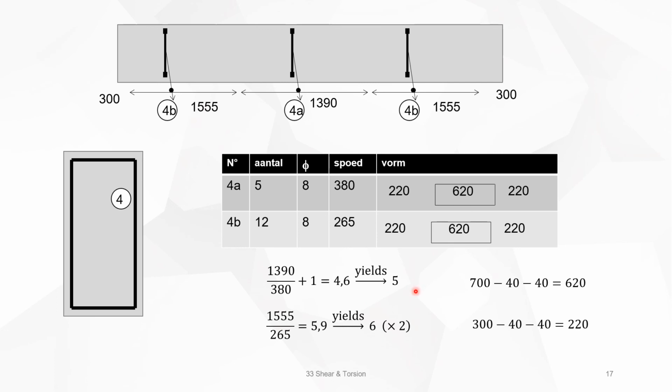And for the dimensions, it's the total depth minus twice the concrete cover, it's 620. The others, it's the same thing, but for 4B, we have as stirrup reinforcement diameters 8 every 265 that we have calculated. So we do the same exercise.